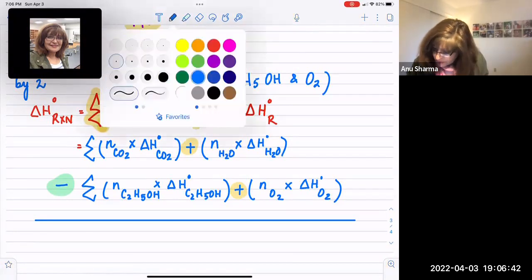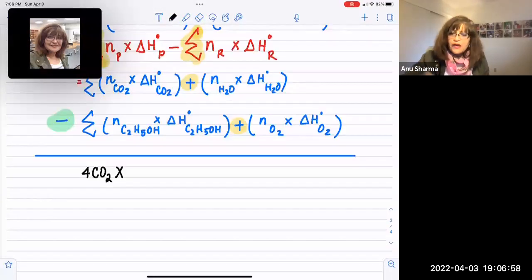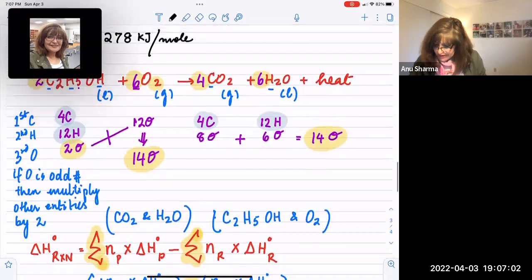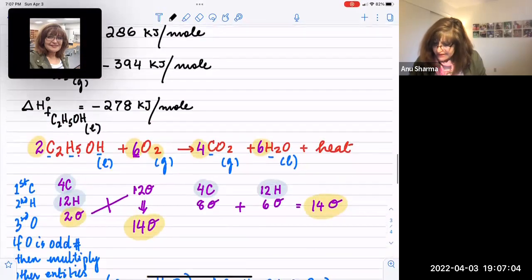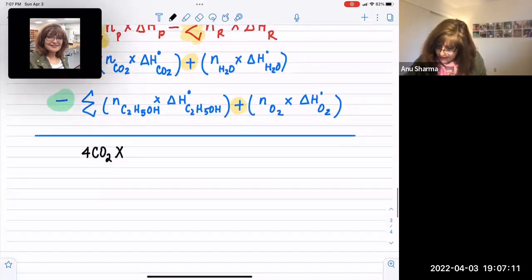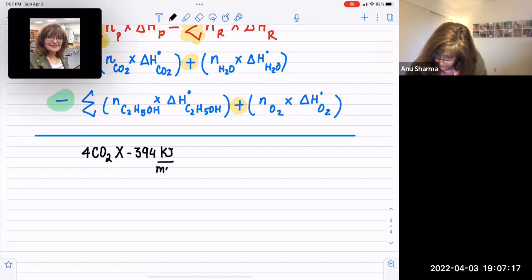So let's put in the numbers now. So here we have from this equation 4 moles of carbon dioxide. 4 moles of carbon dioxide times the delta H value, which is negative 394 kilojoules per mole. That's for carbon dioxide. So this is one piece.